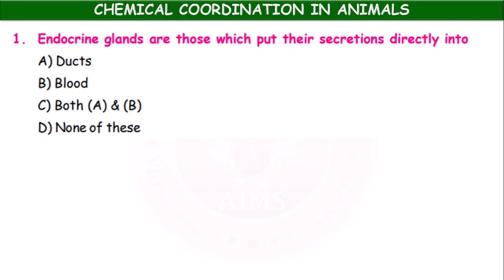The questions which appeared in the previous Olympiads and the competitive contests. The first question: endocrine glands are those which put their secretions directly into ducts, blood, both, none of these. It is the blood.